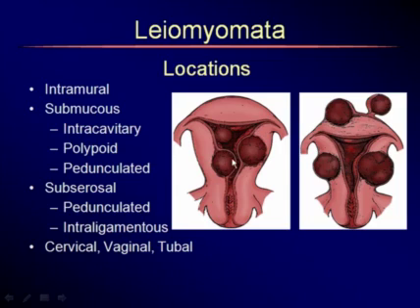Submucous myomas can be so much covered by the mucosa that they can be completely intracavitary and polypoid. They look like a polyp, and they can be called pedunculated. They can be on a stalk. When you have pedunculated, there has to be a stalk there.